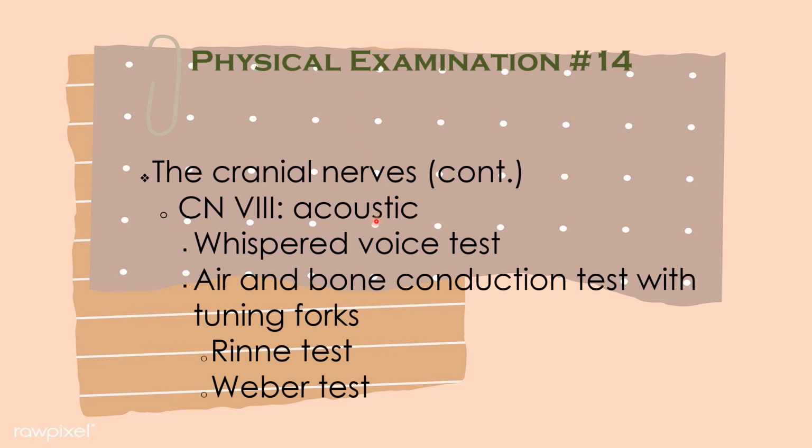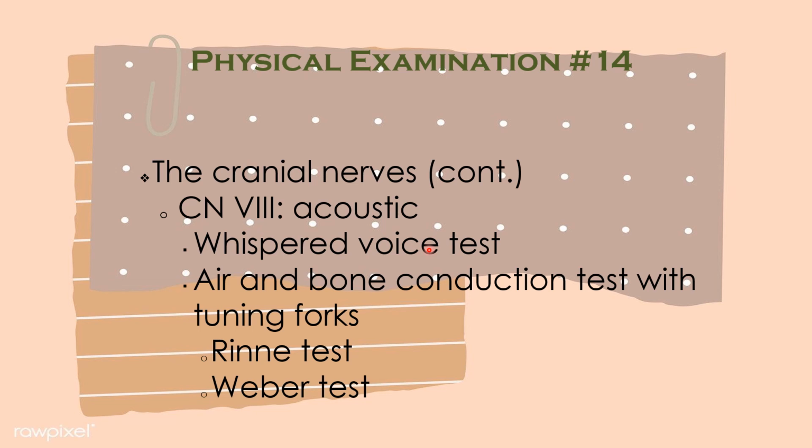So, to assess cranial nerve number 8, the acoustic, you can assess the hearing with the whispered voice. You can ask the patient to repeat numbers that you whisper into one ear while blocking or rubbing your fingers, or the patient's fingers, next to the contralateral ear.